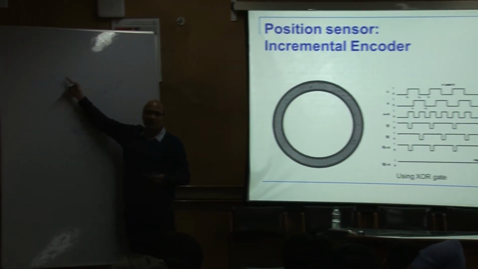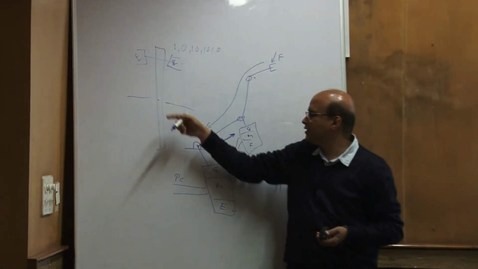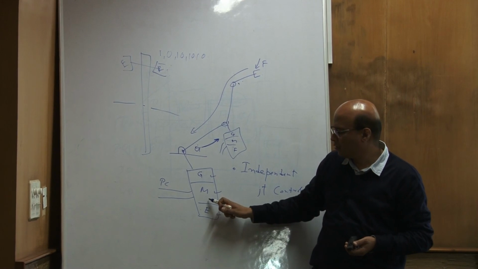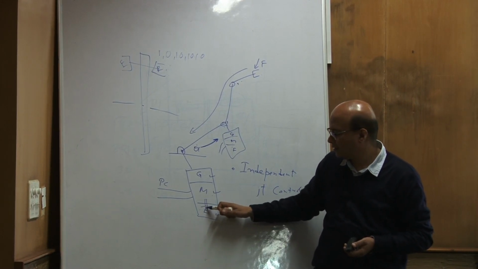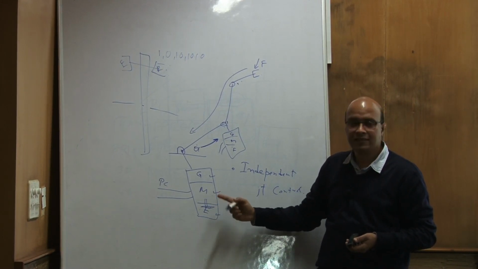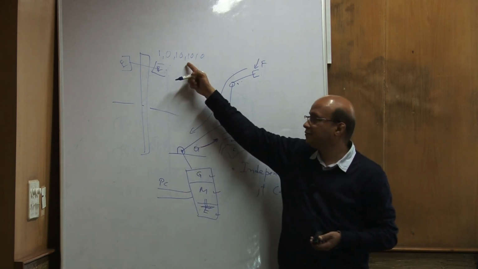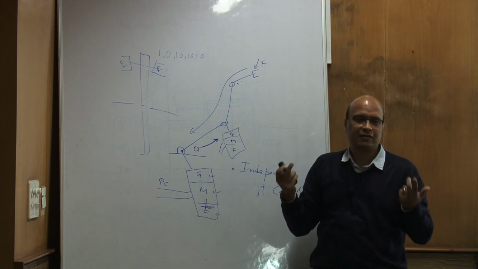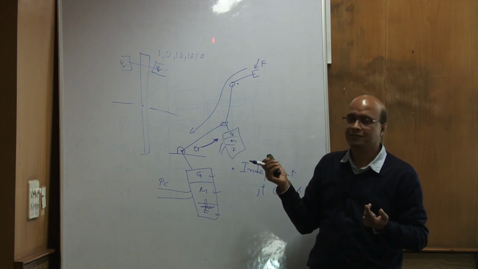Whenever there is no light, it is 0. Right? So when the joint is rotating, we get these signals. Okay. So there is no other conversion required. The controller can use it directly.